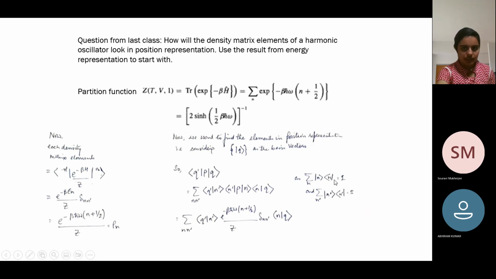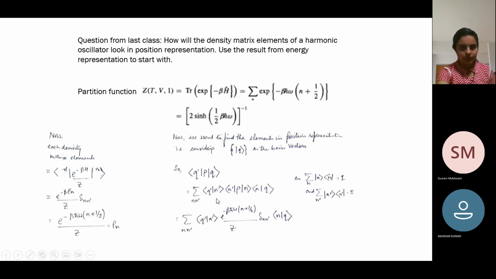Now here, we use the completeness relation: because the basis vectors in the energy space were all orthonormal to each other and formed a complete set, the summation over n of the outer product of n is equal to identity. Similarly, if you take n prime and sum over that, n and n prime being dummy variables, that would also give you the identity matrix.